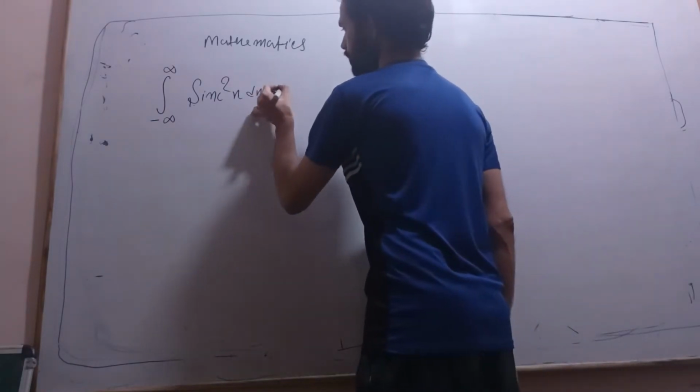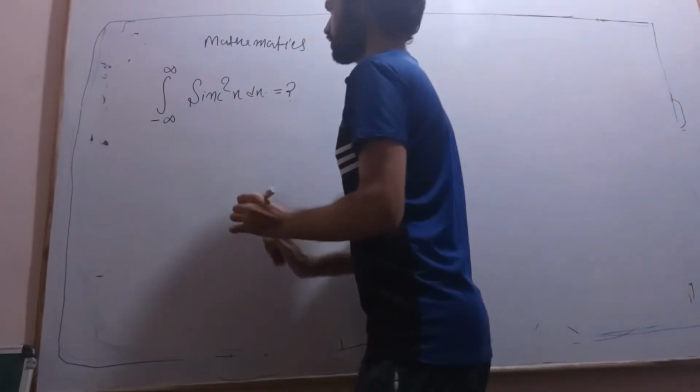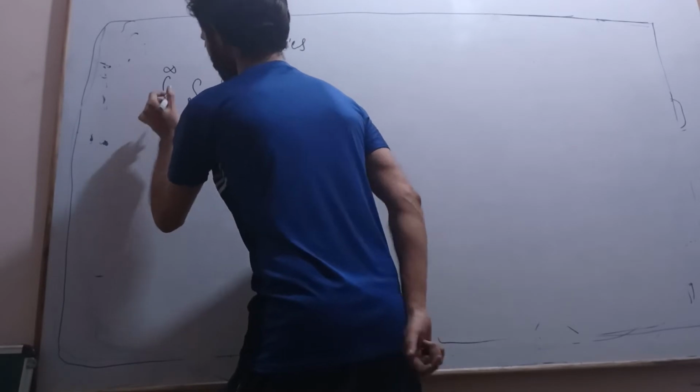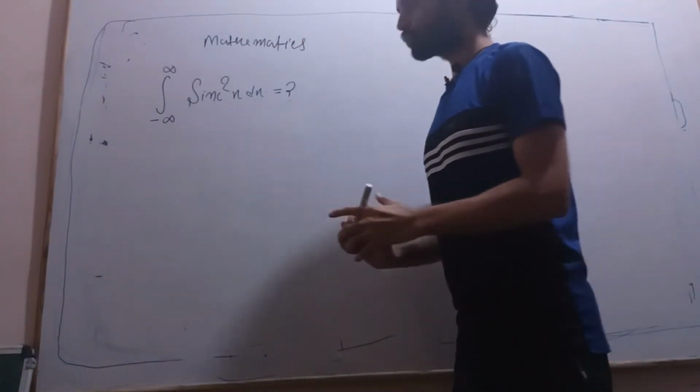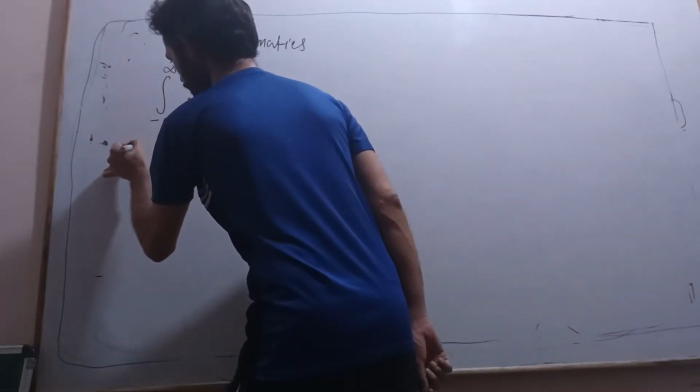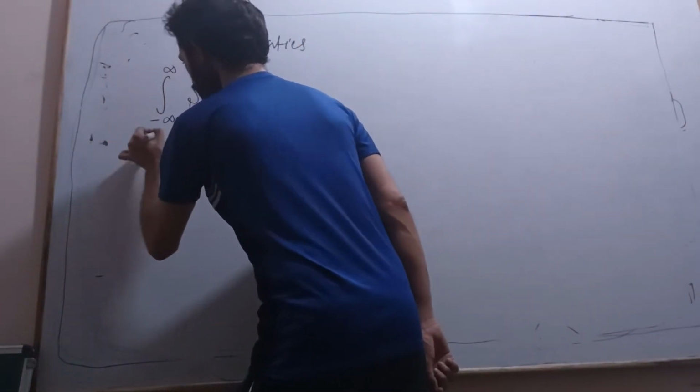What is the value of this Sinc square x dx? Now see, this Sinc square function is an even function. So we will take it as 2 times the integration from 0 to infinity.